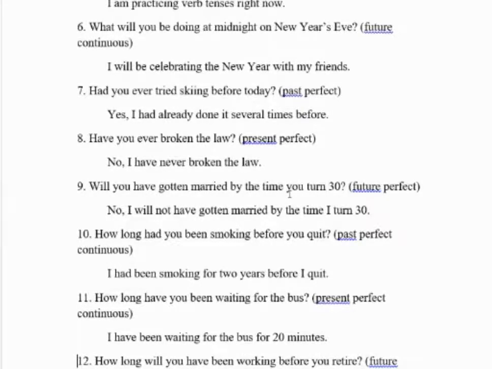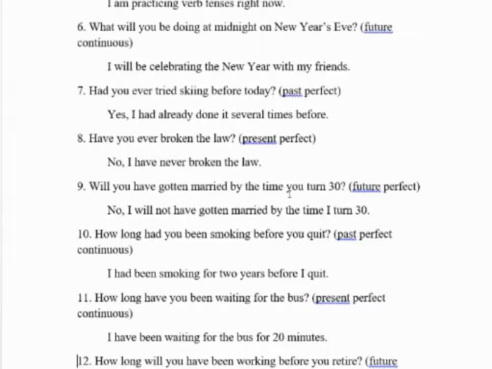I will have to change have into has. Has he ever broken the law? And then the answer, no, he has never broken the law. So has and have, because we are talking about the present, we have to change has or have according to the subject.